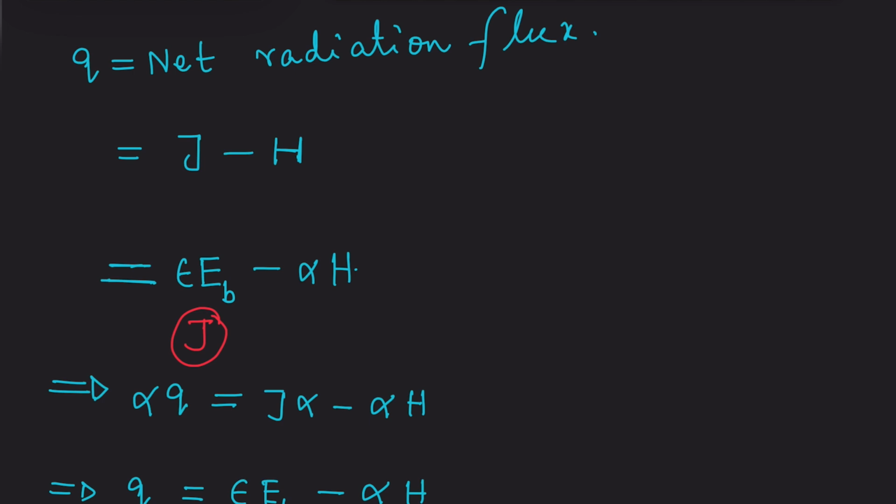No, when you are talking about J, you have already taken care of this alpha H, because J is what? J is epsilon EB plus rho into H. That means this will be 1 minus alpha into H if the transmittivity is 0.